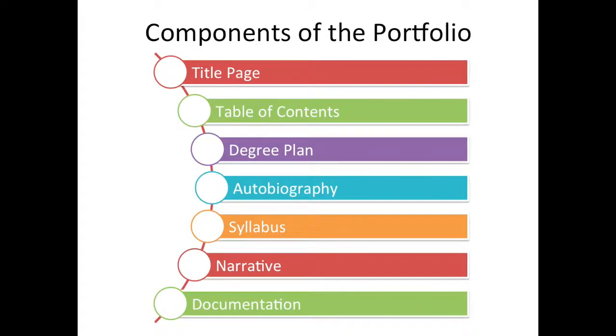I am requiring that by the end of the week you have a signed degree plan, or at least have a degree plan submitted to your advisor. In your degree plan, you're going to list the courses that you're going to be challenging. That's very important. When I look at your portfolio, I want to make sure your advisor has approved that you are going to challenge the course that you are challenging.